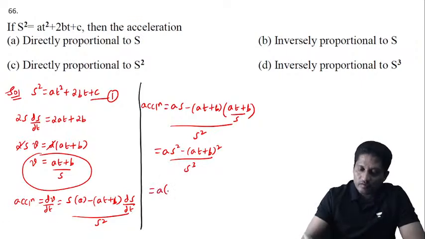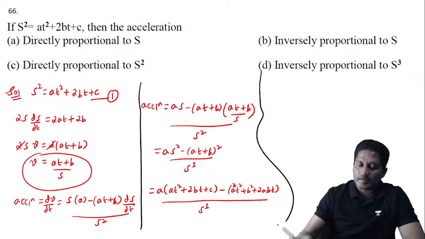So this is a into, if I substitute the value of s square, this is (at square plus 2bt plus c) minus (a square t square plus b square plus 2ab into t), whole divided by s cube.